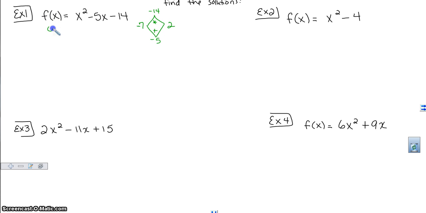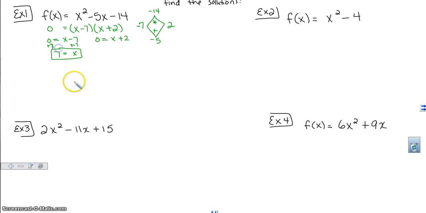So we would have 0 equals x minus 7, x plus 2. We're going to find these solutions. So we take each factor and set it to 0 and solve each one individually. So we add 7 to both sides of the equal sign. That's 7.